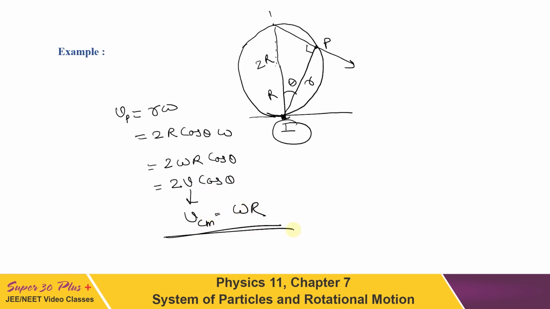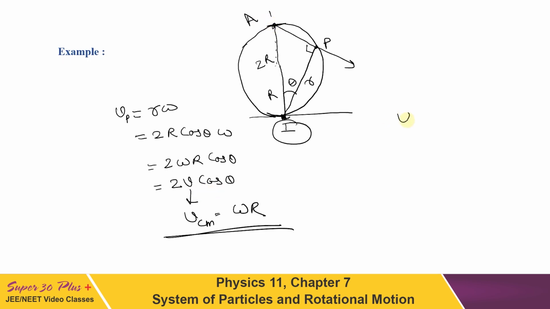Now we can write the velocity of any point, because the only thing that we have to know is what is its position with respect to the center of rotation, and then we can write its velocity. What will it be for this point? If I consider this point as A, it will be having velocity, just substitute here, that is 2v cos theta, and theta, if the point considered is at A, will be equal to 0.